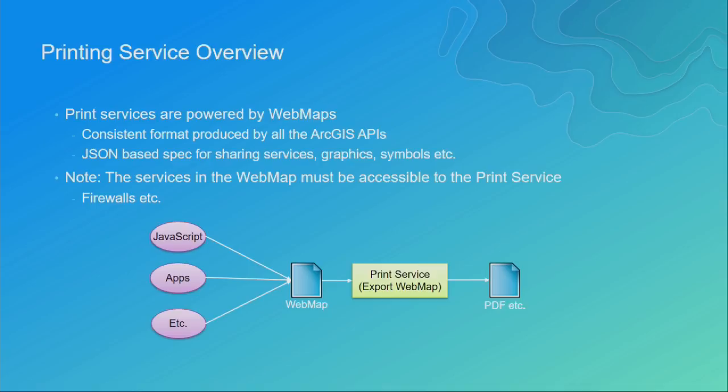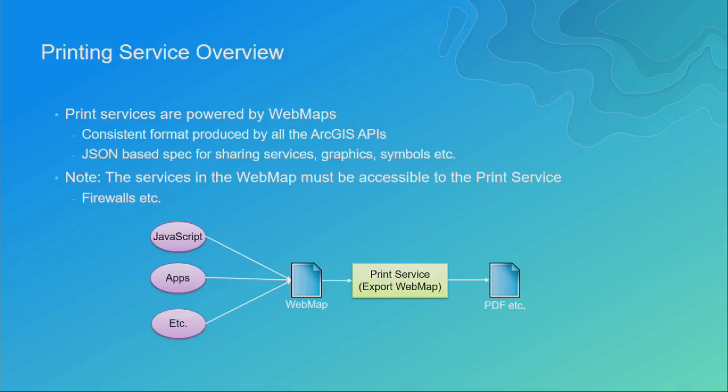The print service then processes that, produces the PDF, and returns a URL of the PDF that you can open in your client. A big key thing with the print service is that your services in the web map must be accessible to the print service for it to be able to print them.